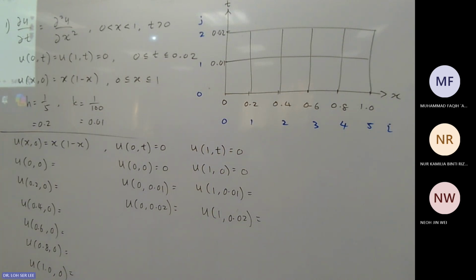Compute for all the boundary and initial values and fill up into your grid. So calculation must be in 4 decimal places.